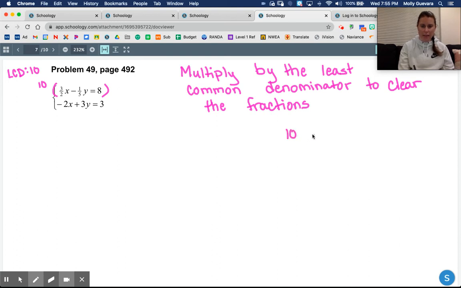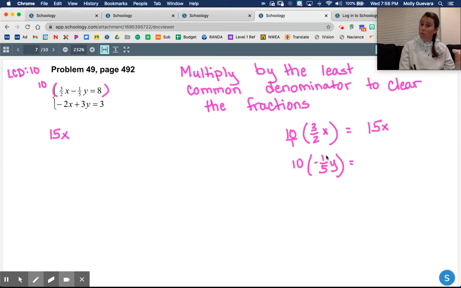Maybe we'll do this off to the side. 10 times 3 over 2x. Well, if it's 10 over 1, I get 30 over 2, which is 15, so this is going to get me 15x. And then 10 times negative 1/5 y.